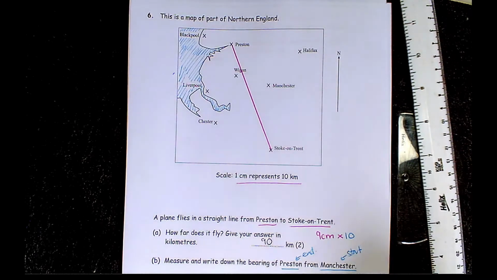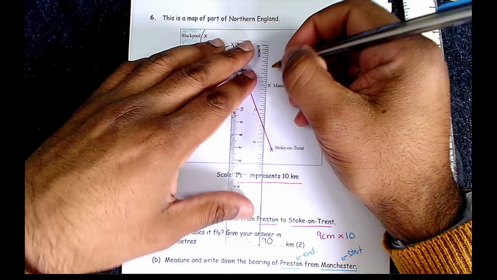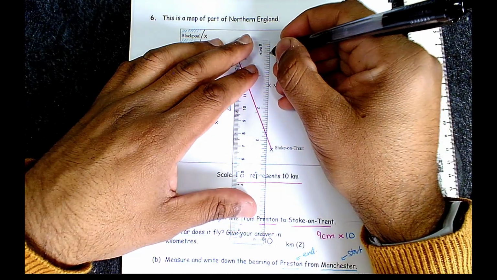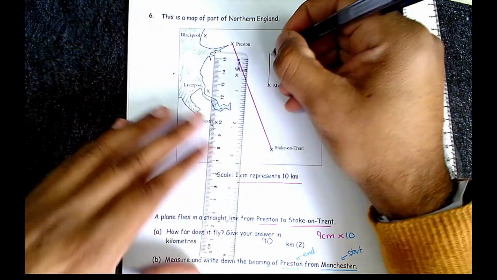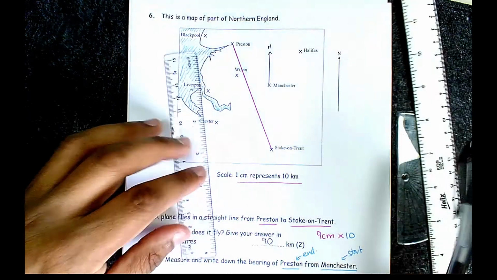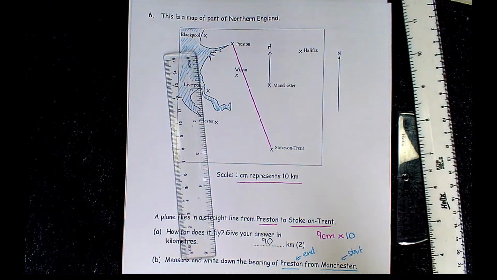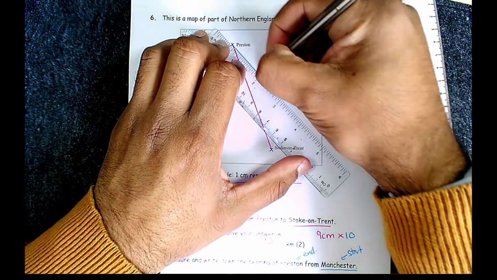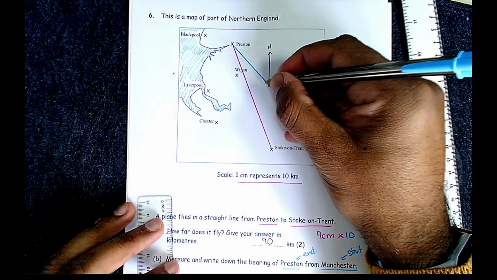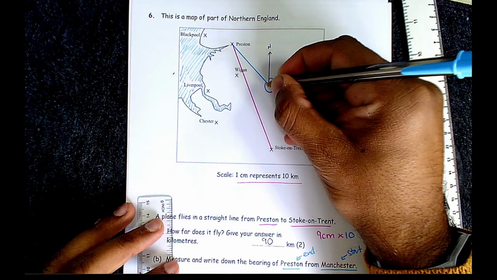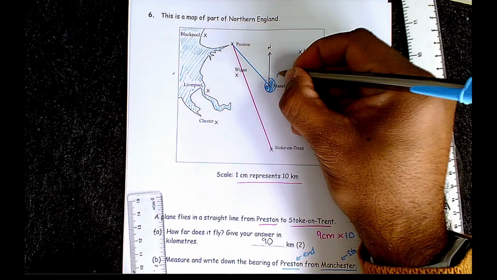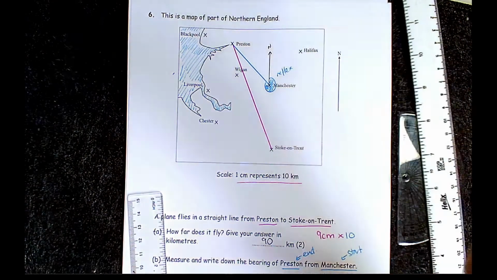So from Manchester, I'm going to draw a north line, and let's use the black pen for that, trying to be as accurate as possible, and then I'm going to draw a line going from Manchester to Preston. And lo and behold, it's this angle that I need to measure. It's going to be a reflex angle, so my answer needs to represent a reflex angle.